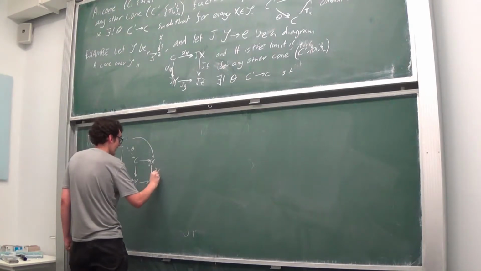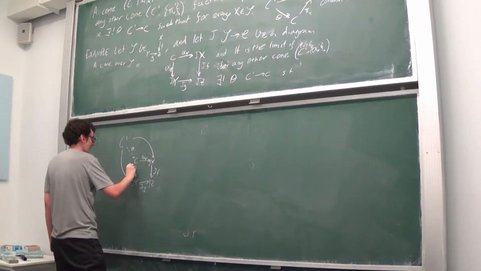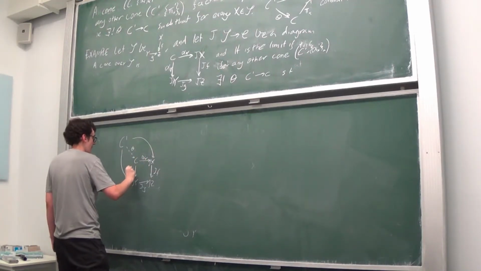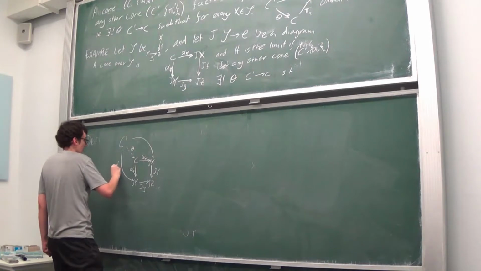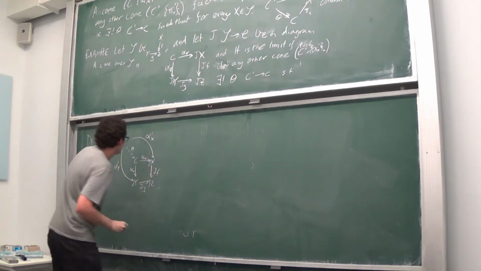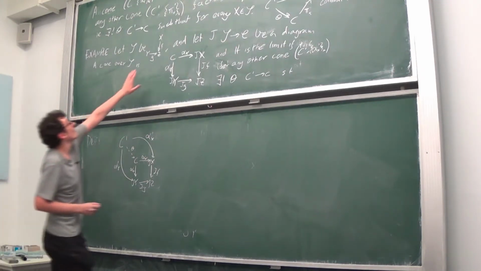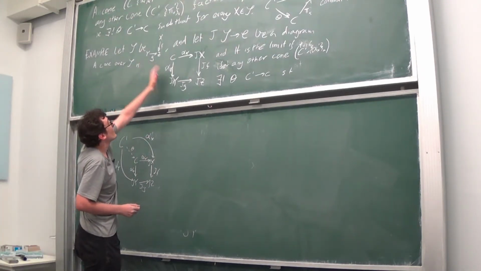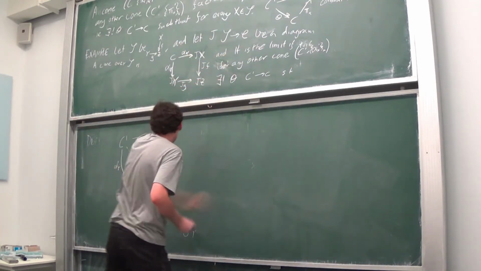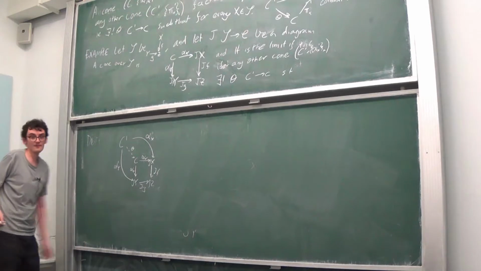And that's jf, that's jg, that's alpha x, that's alpha y, that's alpha prime y, and this is alpha prime x. In other words, the limit of this diagram is exactly the pullback of jf and jg.